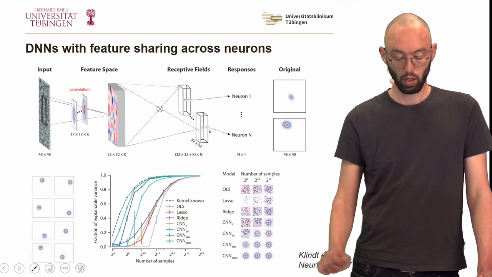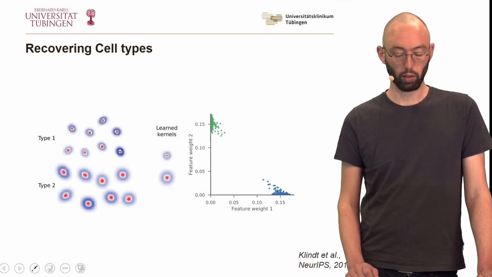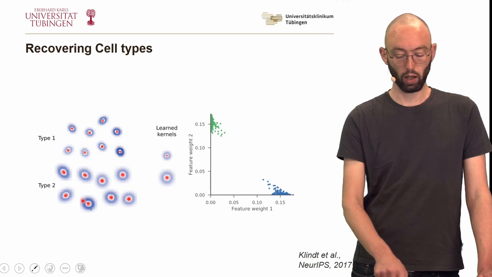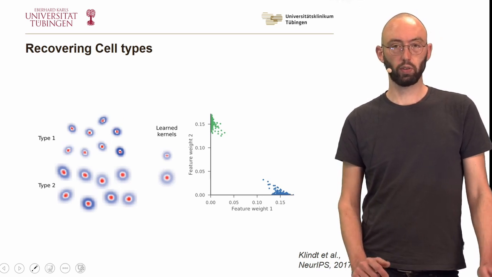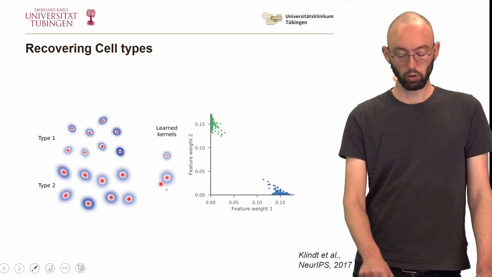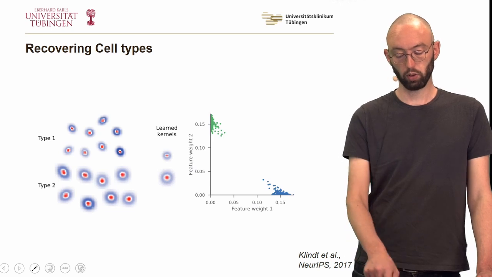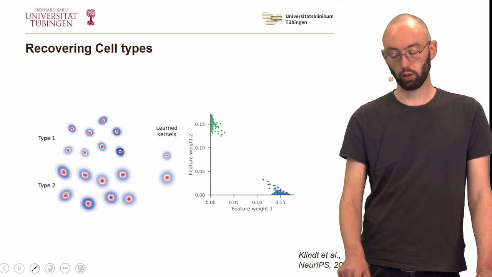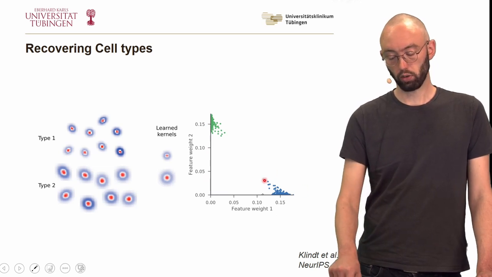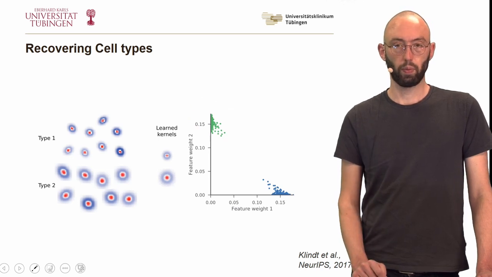For example, this can be useful for recovering cell types. So in this simulation here, we had two types, small ones and large ones, and the learned kernels in our feature sharing space really corresponded quite well to these types. So if we use the activation of these two filters in a two-dimensional scatter plot, you can see one class of neurons down here and the other class of neurons up here.